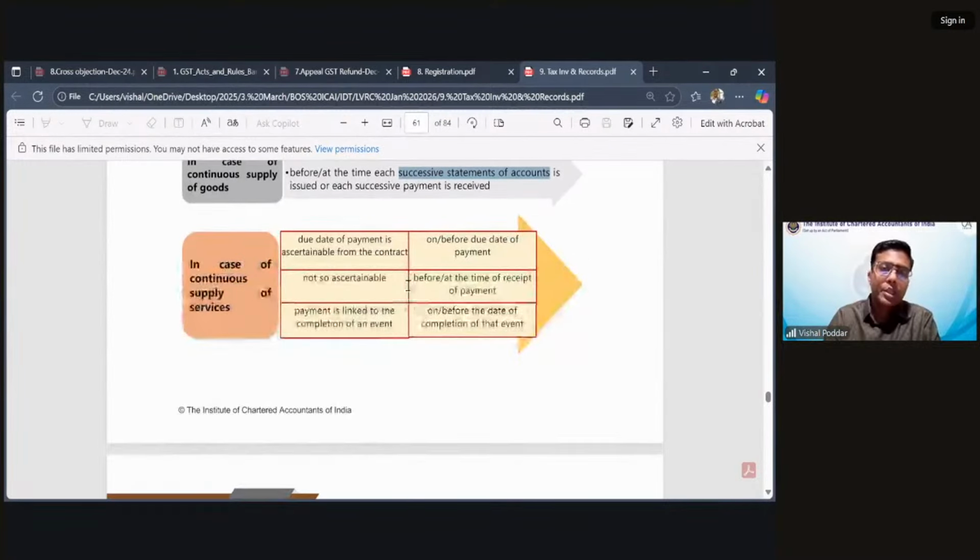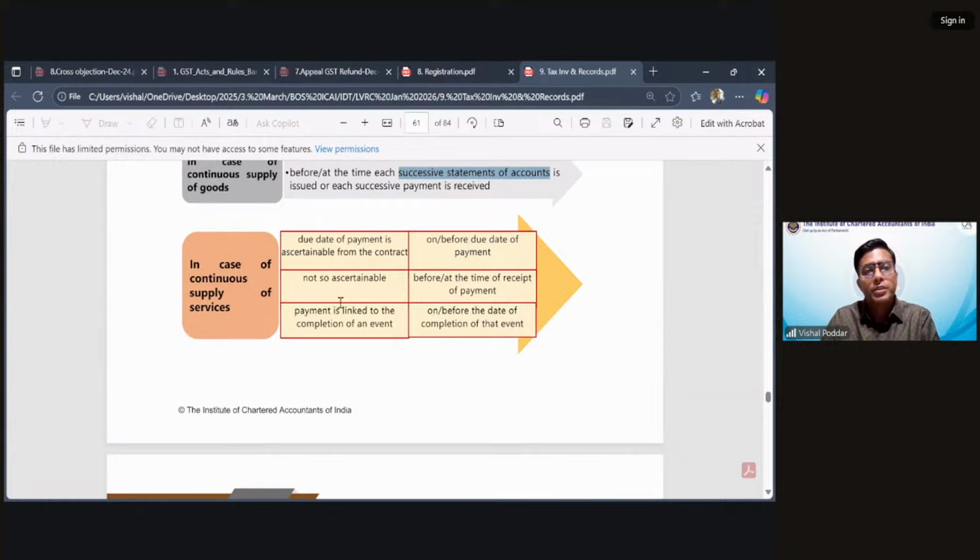Next, in case of continuous supply of services, there are three types of contracts. Again, in case of continuous supply of service, there is an understanding between the supplier and the recipient that the supplier will, on an ongoing basis, supply the services to the recipient.